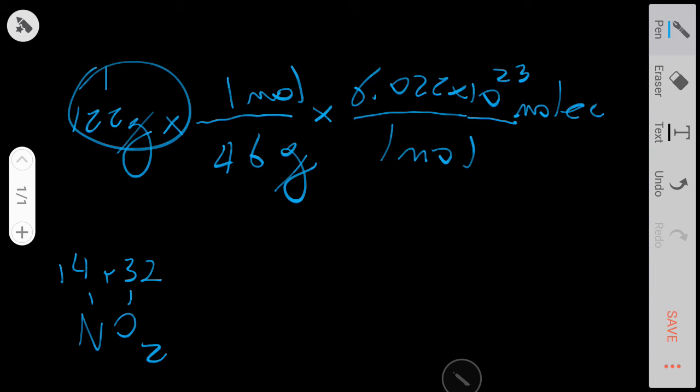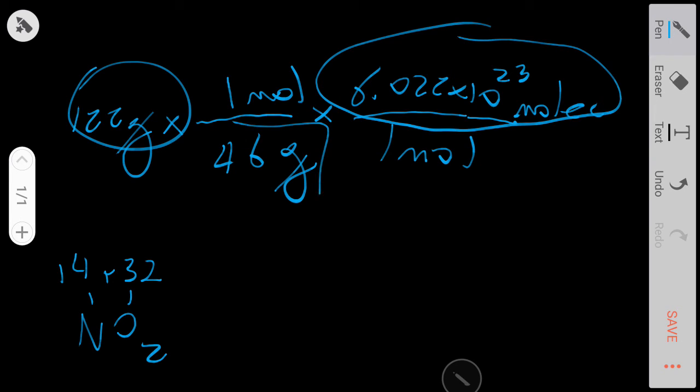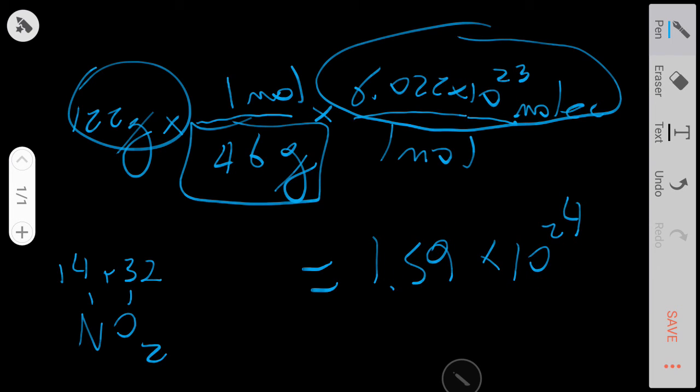So we're going to multiply 122 times this, then divide by 46. Your answer should be 1.59 times 10 to the 24, but to be honest with you, I prefer 1.60 times 10 to the 24 molecules.